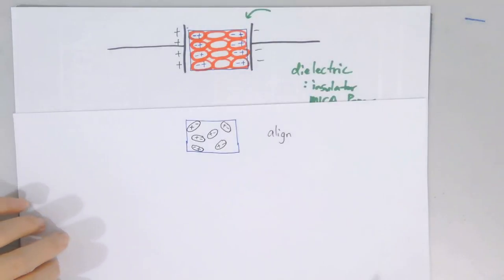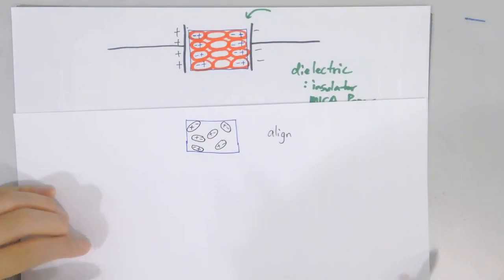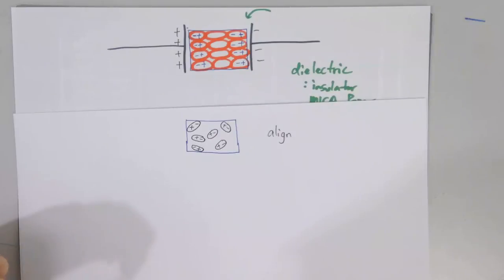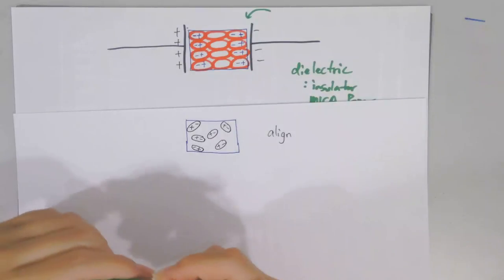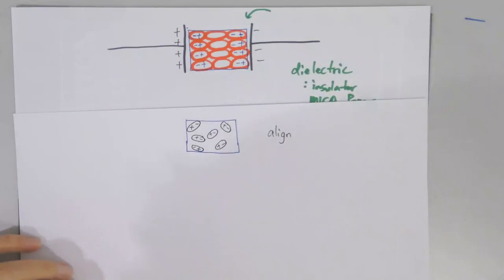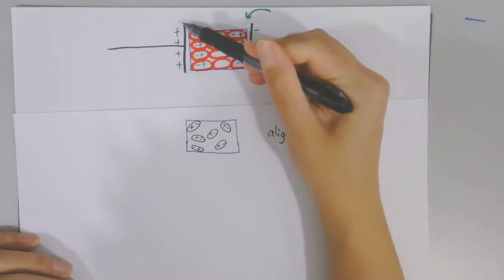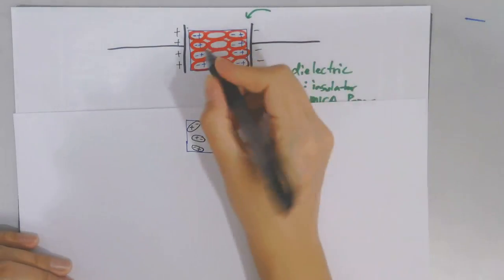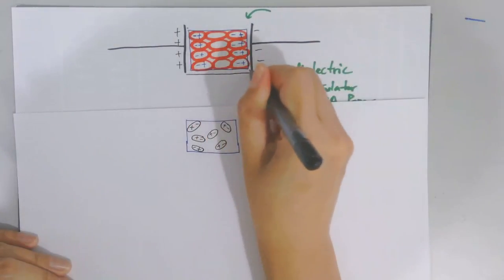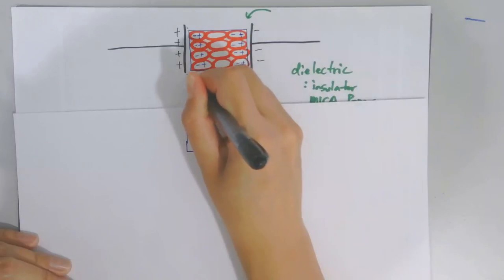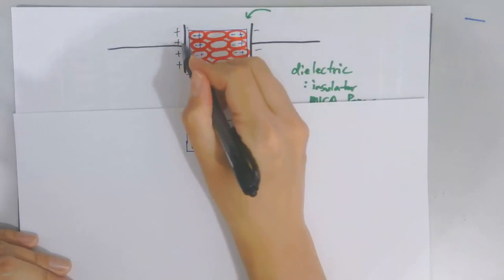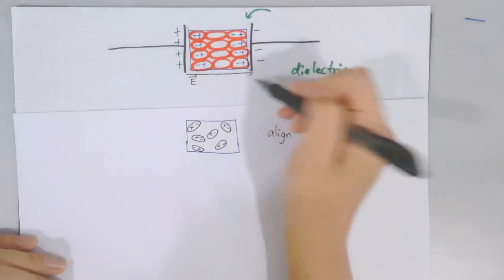Alright. Jadi dengan ini, apa yang terjadi? Pada asalnya, in between the plate, as we learn in chapter 1, actually we have the uniform electric field, right? Electric field adalah dari positif keluar daripada positif masuk ke dalam negatif kan.